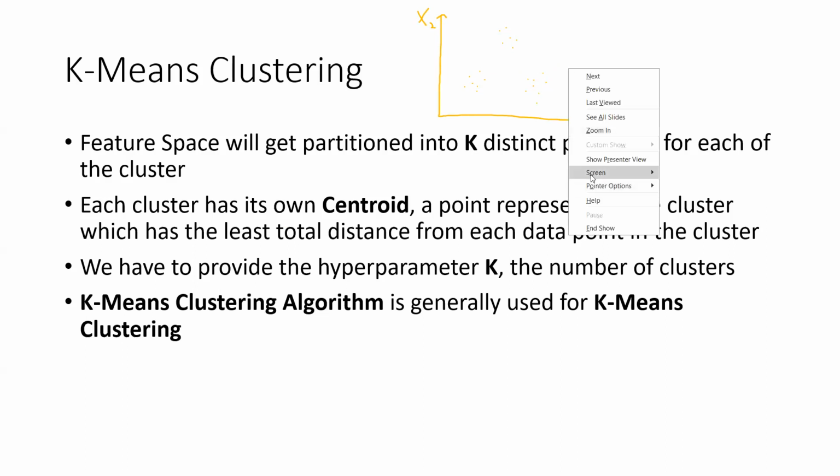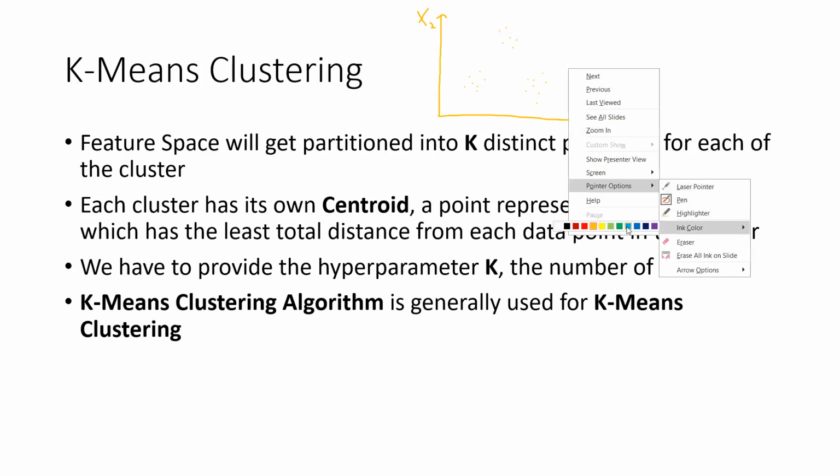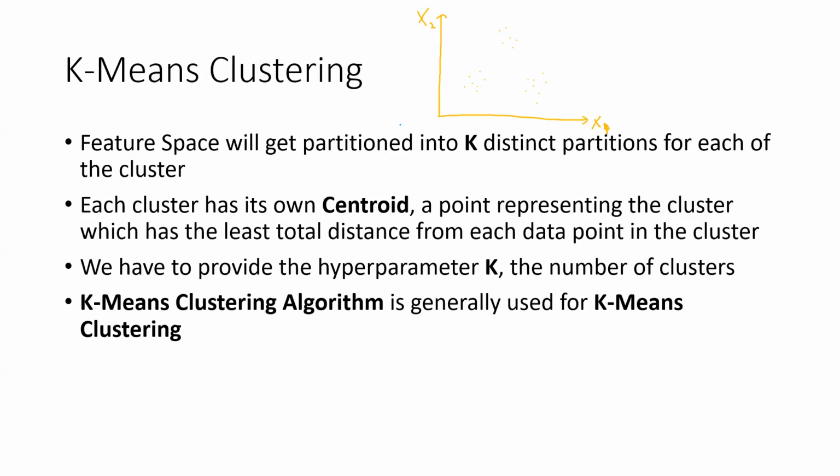What happens with clustering is that suppose you take 3 as the K number. That means you assume that there are 3 clusters in this space.